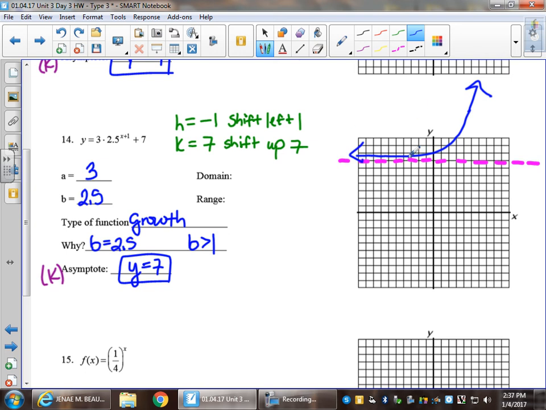It's growing left to right. Domain is all real numbers. Remember that this is y equals 7, so this y value is a 7 right here. So my range will be parentheses 7, comma, positive infinity. We'll come infinitely close to 7, but never touch, which is why that's a parenthesis.